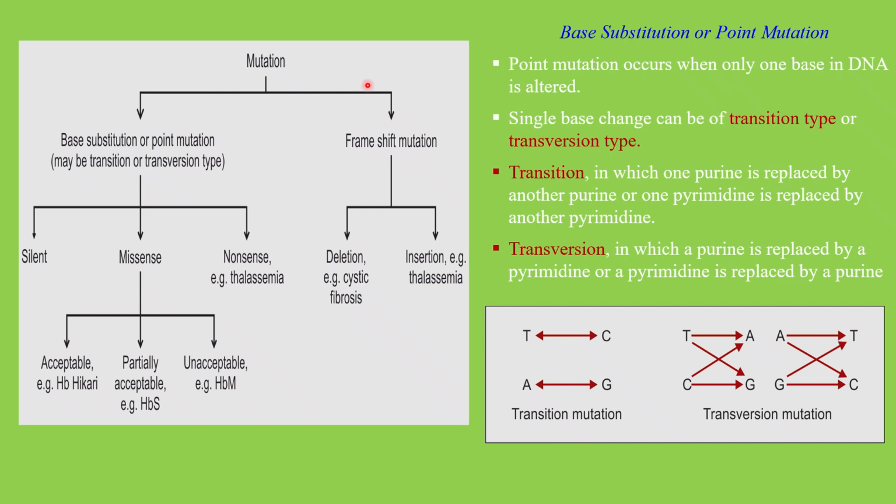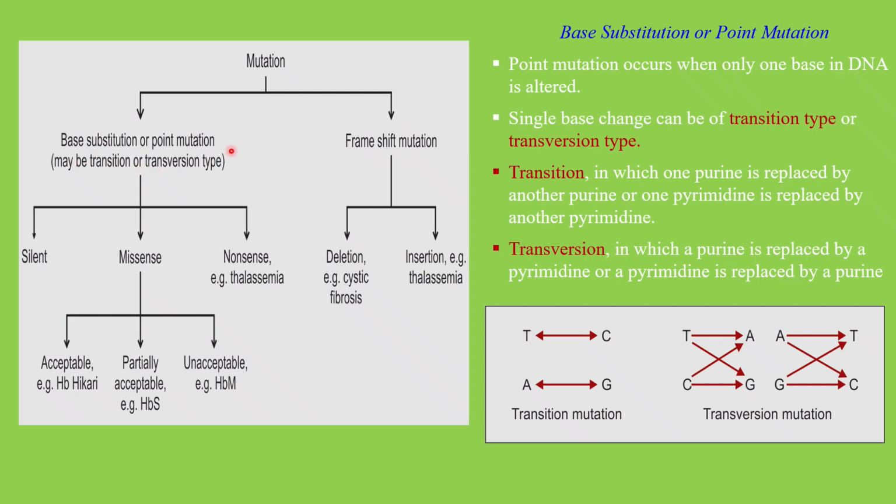So this is the overall classification of types of genetic mutations. These mutations can be of two types: the base substitution or point mutation, which can be either transition type or transversion type, and second, frameshift mutation.